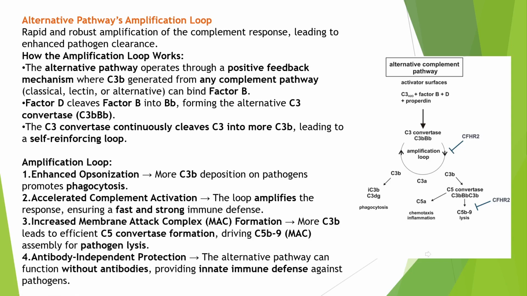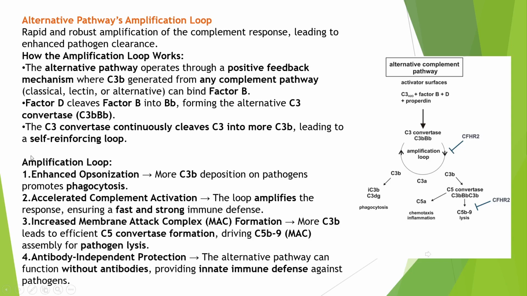Next is the alternative pathway's amplification loop. We just saw that the C3 convertase amplification loop occurs. Why this is important is we get rapid and robust amplification leading to enhanced pathogen clearance.